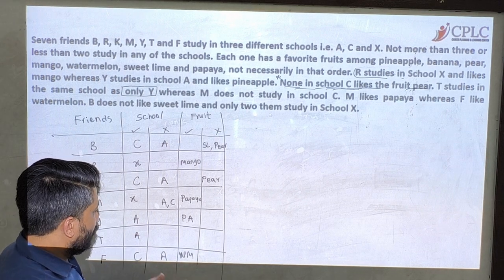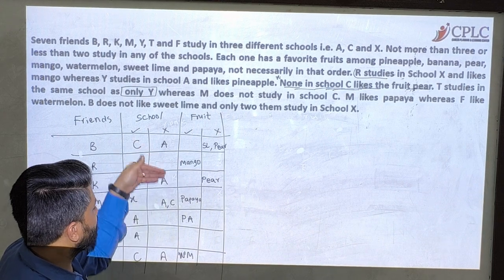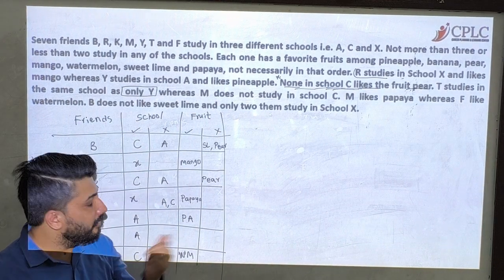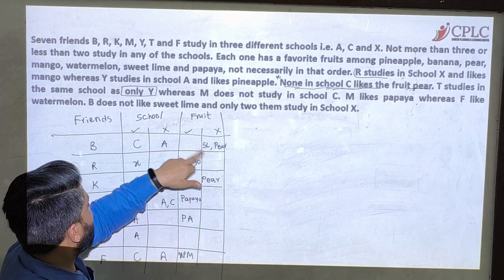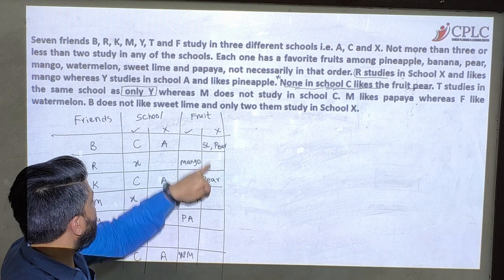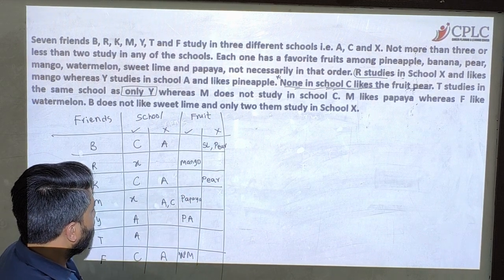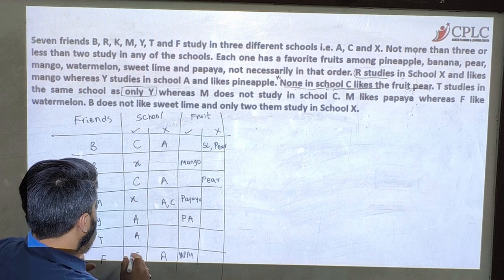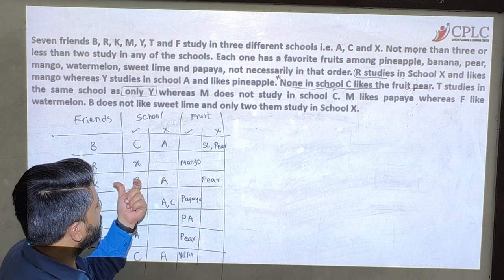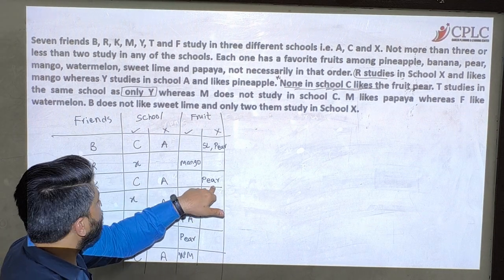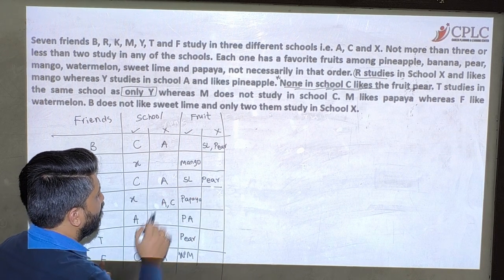So now there are a couple of ways to do this. If you observe, there are three fruits left and three people left, one fruit for every person. You can see that pear is not liked by two people, that is B and K. So automatically the third person has to like the fruit pear, which is T. Then this fellow does not like pear, so obviously he should like sweet lime.